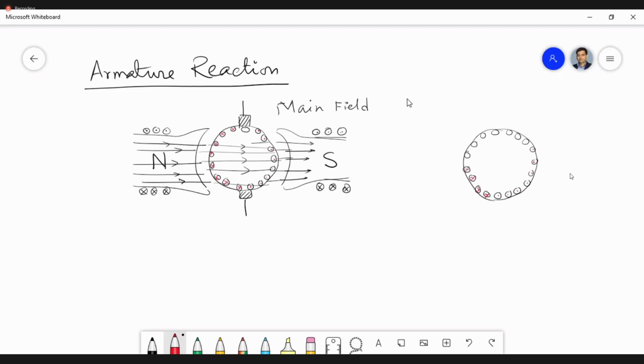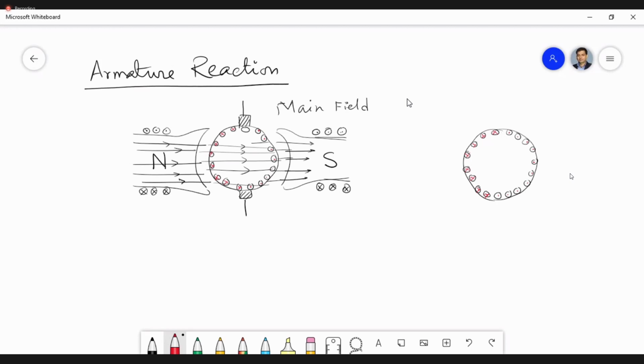But in case of field, it is not a distributed one, rather it is concentrated one, or you can say concentric. Because if you see the coil, it has a common axis on which the coil is wound. But for armature, we don't have any common axis for the windings.